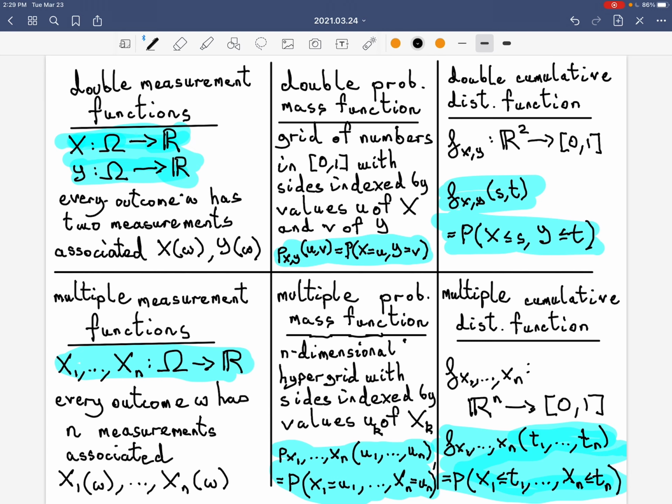Okay, so we can generalize this idea even further to arbitrary finite lists of measurement functions, where now we want to think we're measuring n different quantities associated with our system. So let's say, instead of just looking at a light bulb, we're looking up at the night sky, and we can measure all kinds of crazy patterns coming in from different aspects of the large-scale universe.